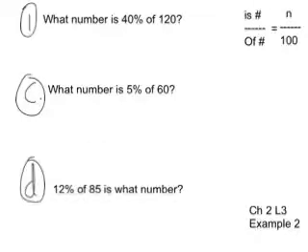Now what I'd like to stress in this lesson is our percent proportion, which is over here in the top right-hand corner: our "is" number, which is what we have, divided by the "of" number, which is our total, or the whole. This is also known as our part divided by the whole, equal to our percent, which is n over 100.